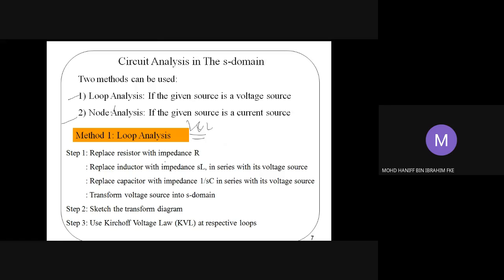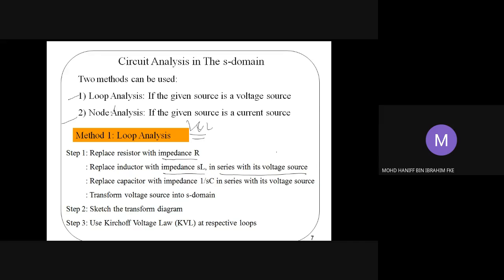First, if you have R, L, and C components in your circuit, you have to transform all of these components into their respective transformations. For the resistor, we change it into impedance R. For the inductor, we change it into the impedance of sL, in series with the voltage source, according to the previous slides that we have learned.